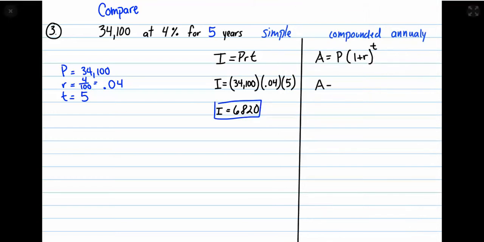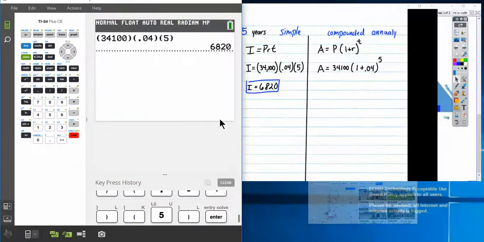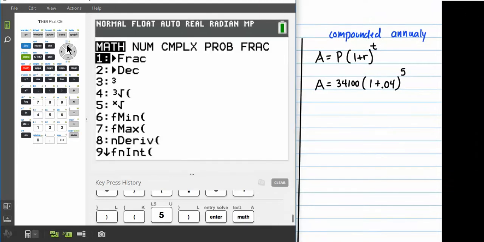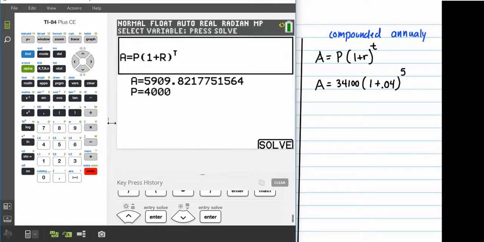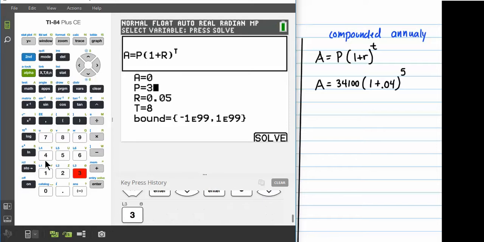Now compare this answer to my compounded answer. So it's the same idea, same P, 34,100, same R, same T, but it's a different formula. So I'll go do this one over here on Solver, since I already have it set up there. So Math, Solver, and I have the right formula, so I'll just go ahead and change the information. So this time, what's my P? 34,100.